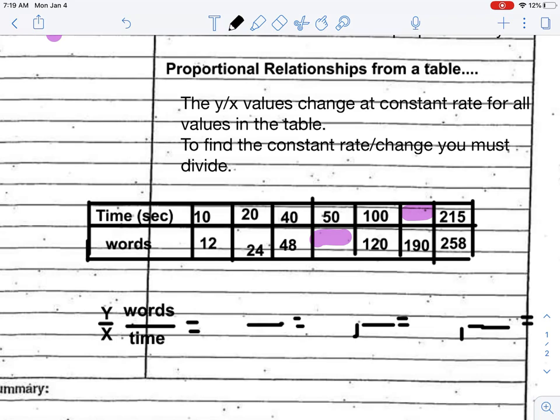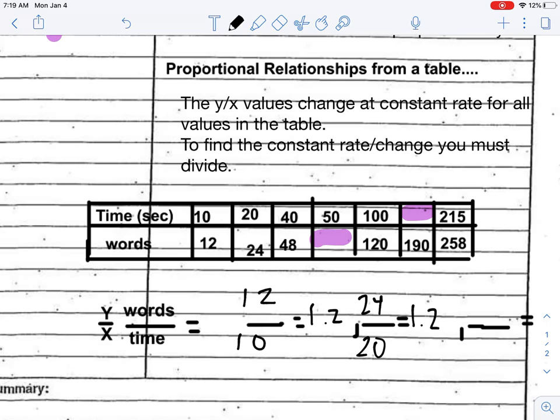So when we do that, we're going to go to the first one here and put 12 over 10. If you do 12 divided by 10, you should get 1.2. Now we're going to check another value. We're going to do 24 over 20, and if you do that one, you're going to get 1.2 again.